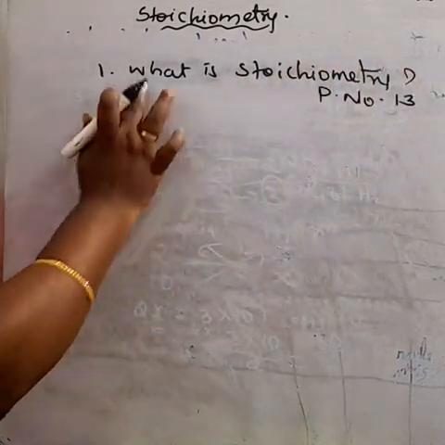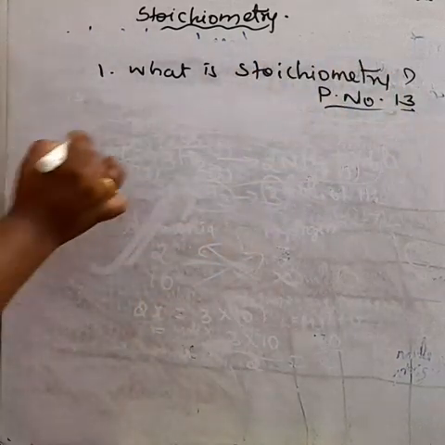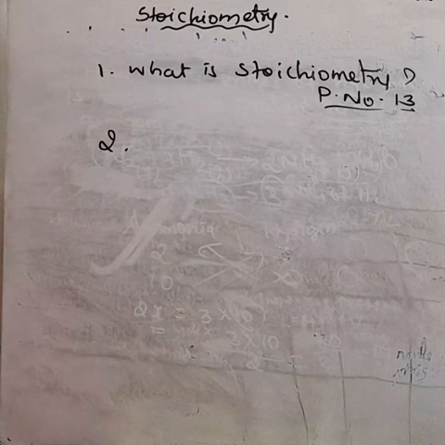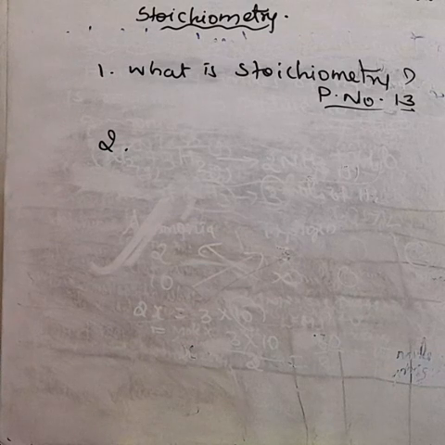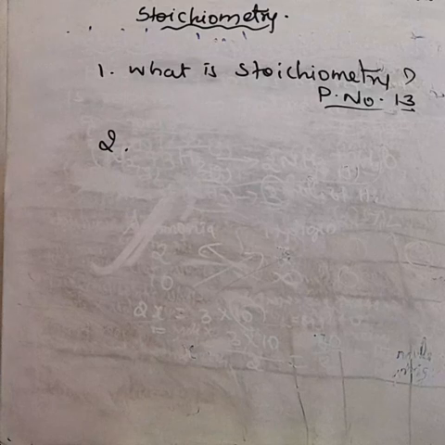Stoichiometry, page number 13, the 4th paragraph, the dark line given, 5th to 8th line.